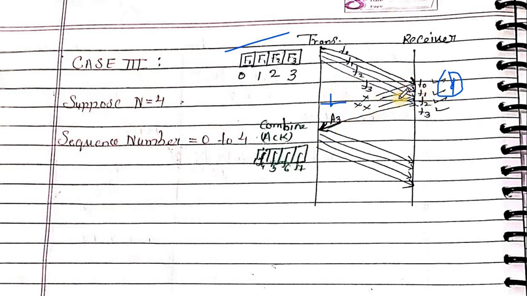That means the starting series of acknowledgements is lost, and the transmitter receives only the last acknowledgement, A3, the acknowledgement of the 4th packet.